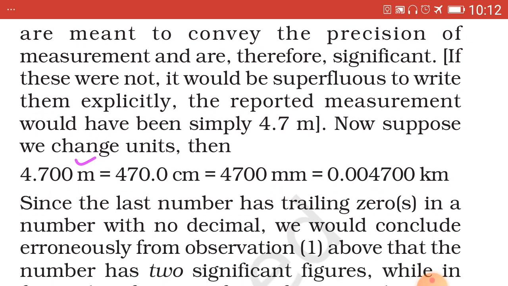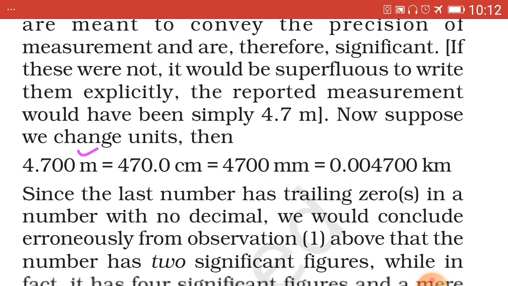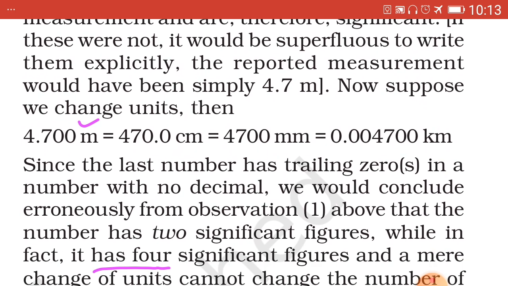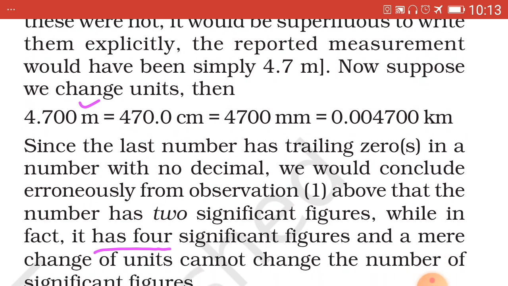If you multiply meter by 1000, it equals 4700 millimeter, and if you divide meter by 1000 or multiply by 10 raised to minus 3, it will be equal to 0.004700 kilometer. Now in all these cases we have 4 significant figures.